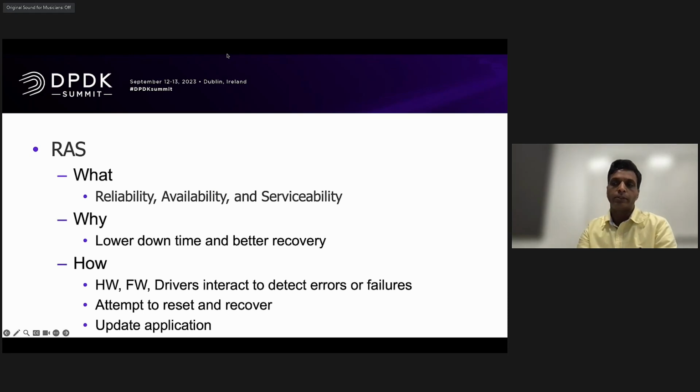Each component involved can help gather information on why the failure happened, and it can help with root cause and postmortem analysis, if necessary. The application can also be updated with this failure information.